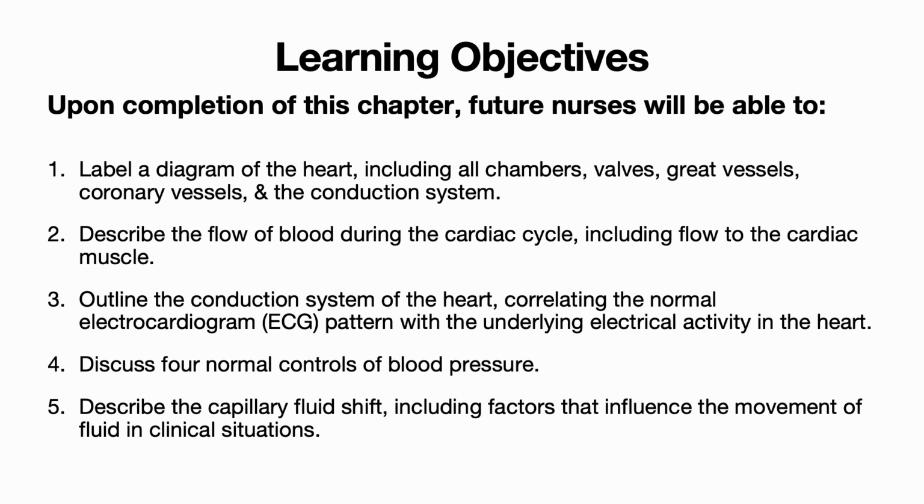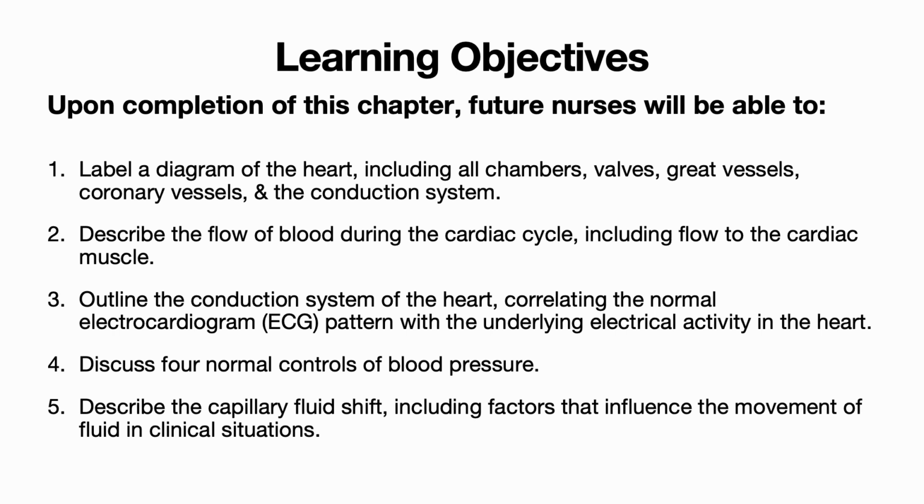For our learning objectives, upon completion of this chapter, future nurses will be able to label a diagram of the heart, including all chambers, valves, great vessels, coronary vessels, and the conduction system. Describe the flow of blood using the cardiac cycle, including flow to the cardiac muscle.